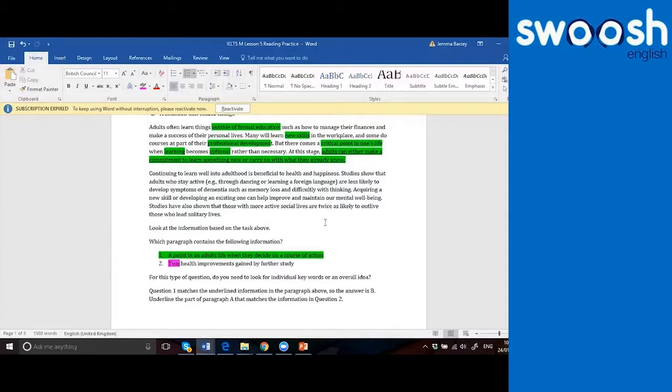Any ideas? I don't see that in paragraph A. In paragraph 2. Oh, sorry, did I say paragraph 1? No, it says paragraph 2. It says underline the paragraph A. D. Okay. Sorry, my fault.